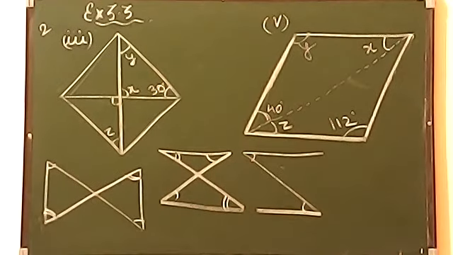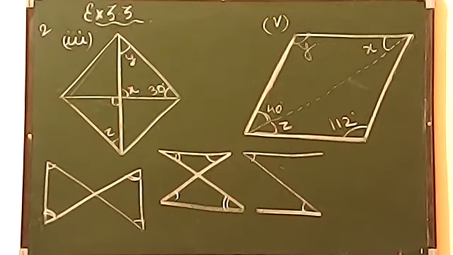The property is alternate angles. Okay, and remember always, when you have parallel lines, alternate angles are always equal.